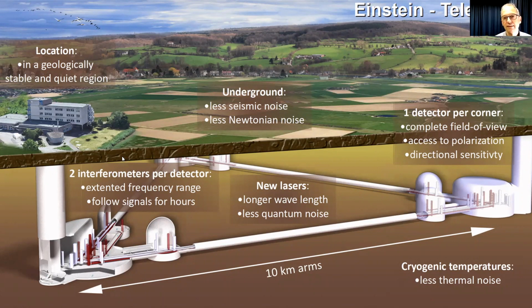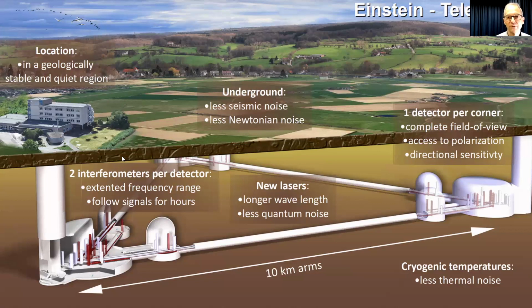We build interferometers with 10-kilometer length. We want to have more than one, because those interferometers, I did not explain that to you, are only sensitive to certain directions. In order to get a reasonably uniform sensitivity in all directions in the universe, you need at least 2, better 3 of them.